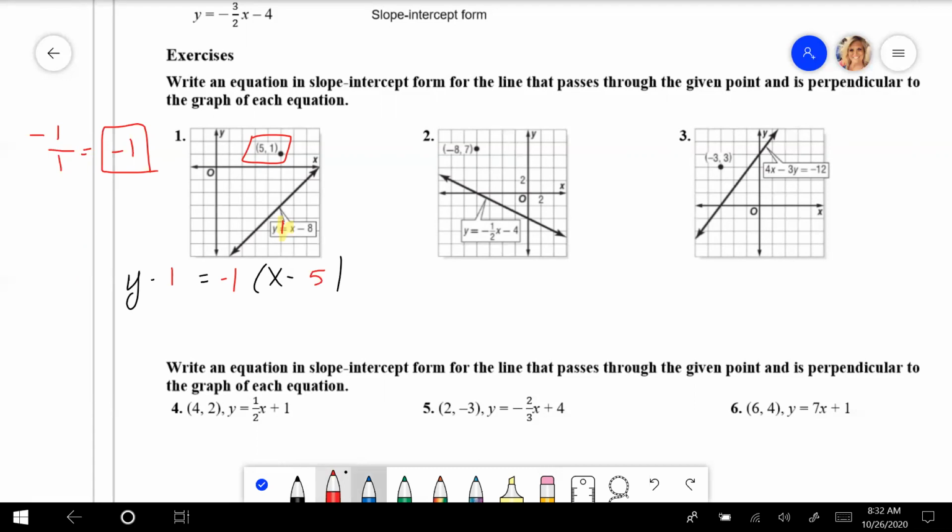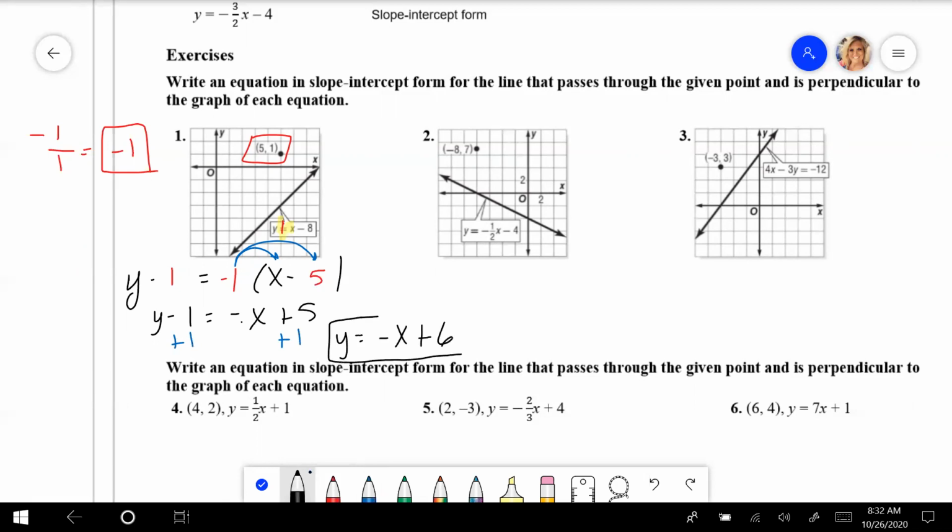Nope. So now I can do the distributive property. So I'm going to get y minus 1 equals -1x, or negative x, plus 5. Still not done. I need to add 1 to each side. And I get y equals -x plus 6. This is your new equation.